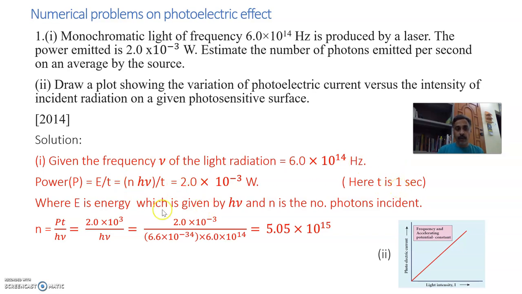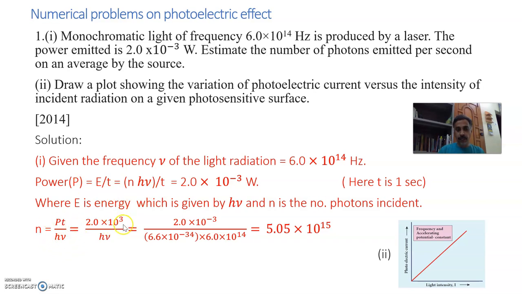Now we have to calculate n. How to calculate n? From this formula, n is equal to P into T divided by h nu; we take this T to the other side of the equal sign.